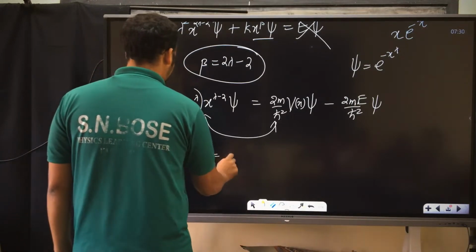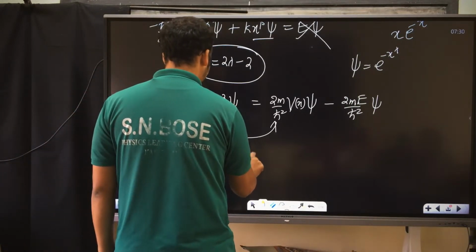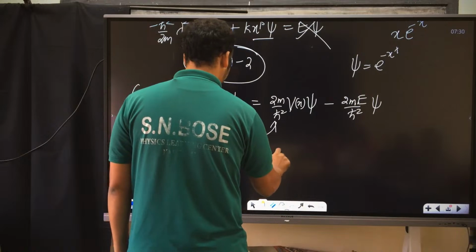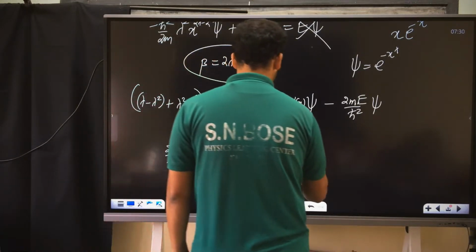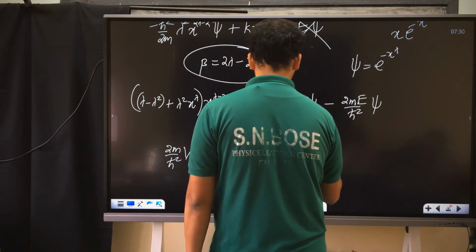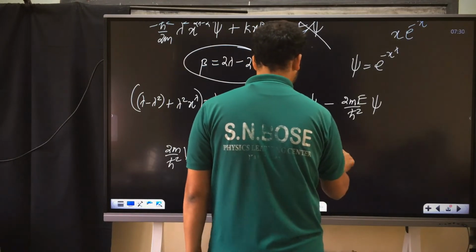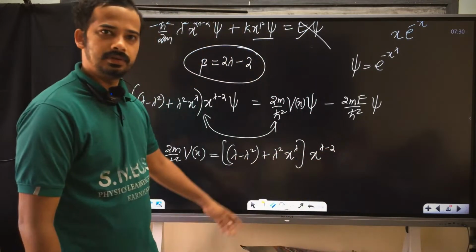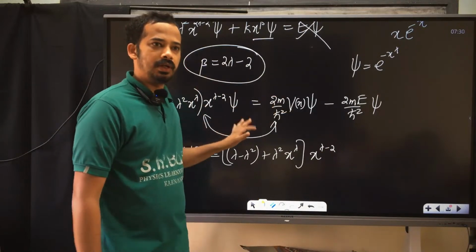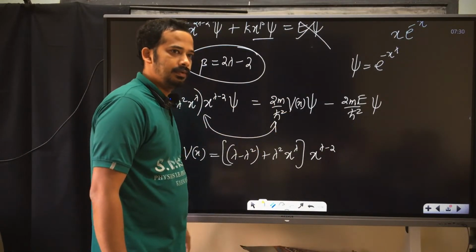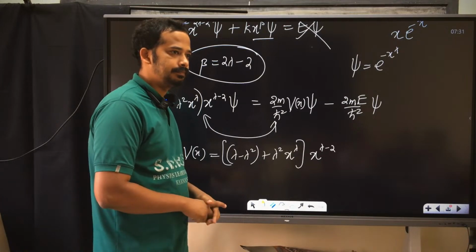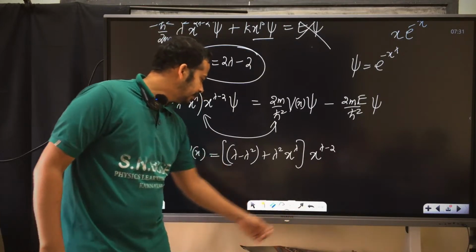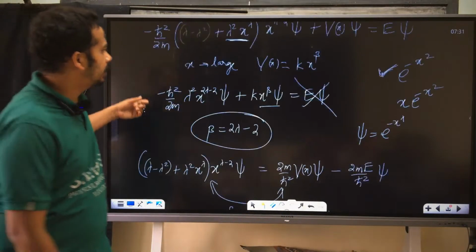That's equal to lambda minus lambda square plus lambda square x power lambda, into x power lambda minus 2. This is V of x, isn't it? According to our old idea, we found V of x here. This is our V of x. That is the idea that I told here.